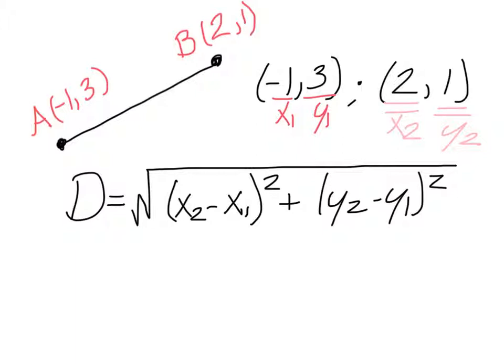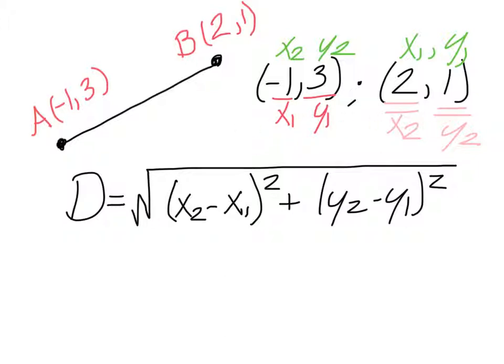Or I could reverse that, and I could choose the option in green, which is going to be that this is x2, and this is y2, or that this is x1, and this is y1. I can either choose the option in green or the option in red. They'll both work. For the problem down here, I'm actually just going to use the option in red.